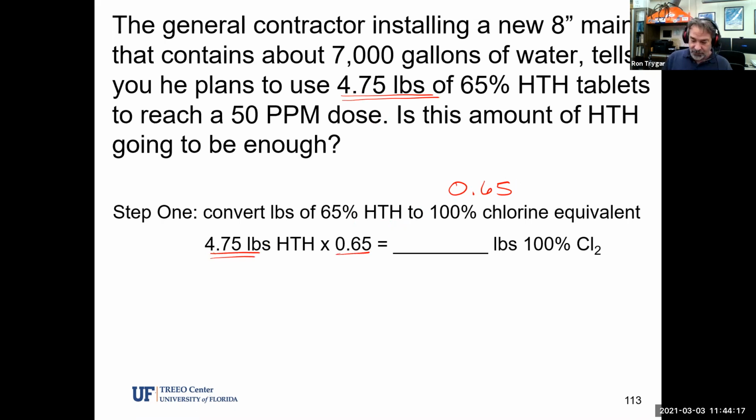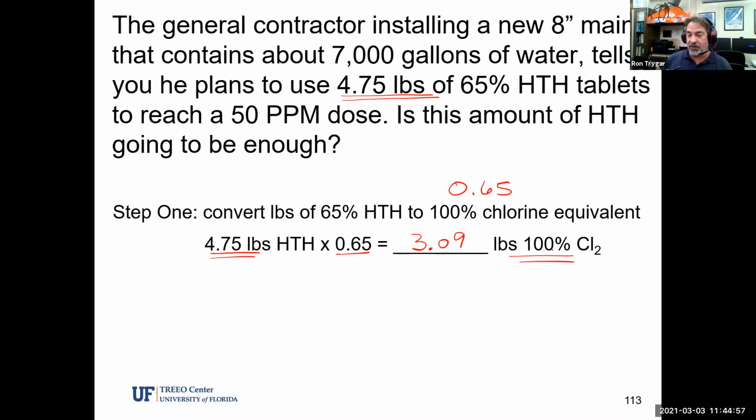So let's try this out: 4.75 times 0.65 gives me the equivalent weight of gaseous chlorine, because we're actually going kind of backwards with this math. We're trying to figure out if the actual number is going to be enough, so we're going backwards to what 100% real chlorine would be, which is why we're multiplying by 0.65. So I came up with 3.09 pounds of 100%.